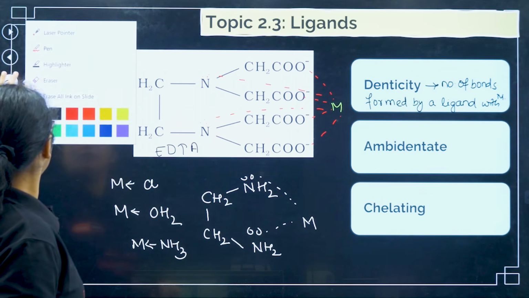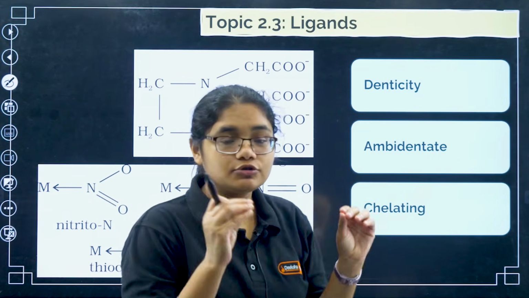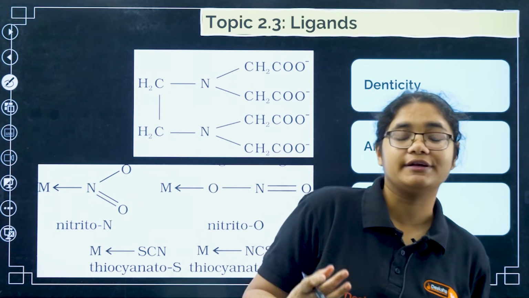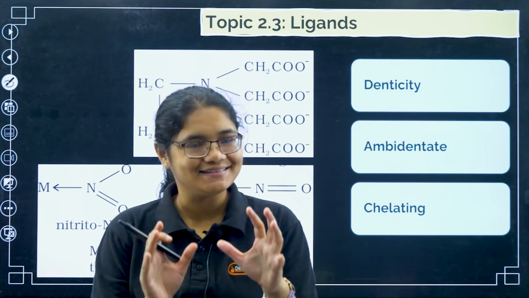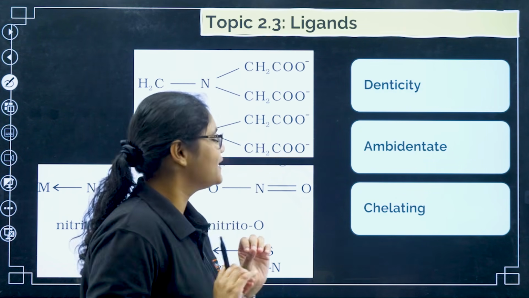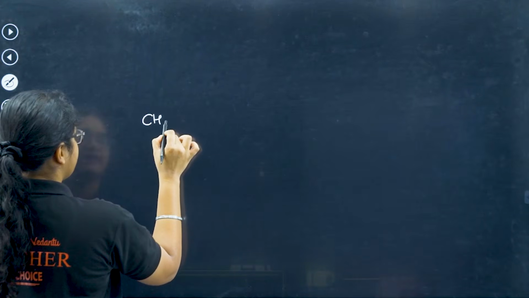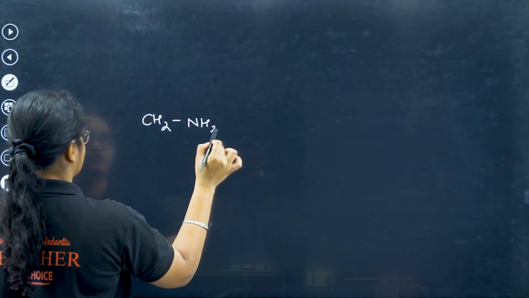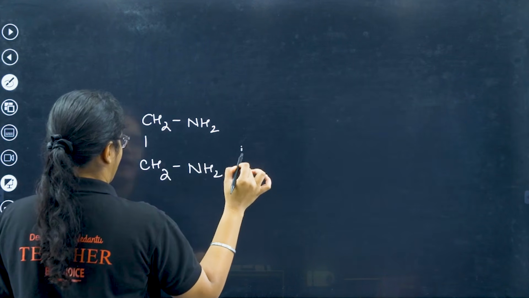Okay, now let's see the next one, what is an ambidentate ligand. So you might have some confusion regarding a bidentate ligand and an ambidentate ligand. So please listen carefully to the difference. Suppose this one, CH2, NH2, CH2, NH2, and I have a metal.